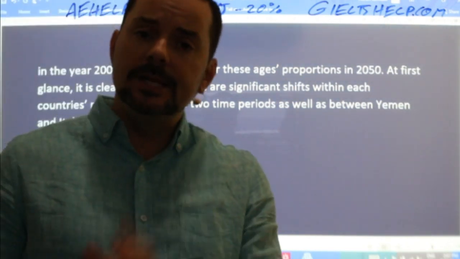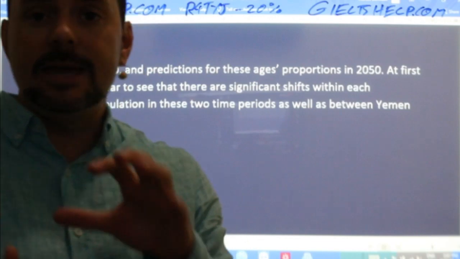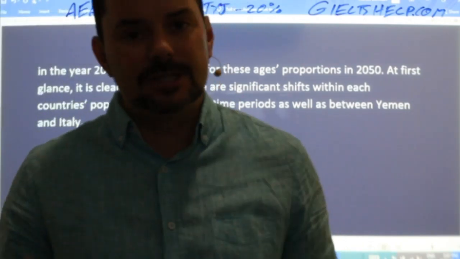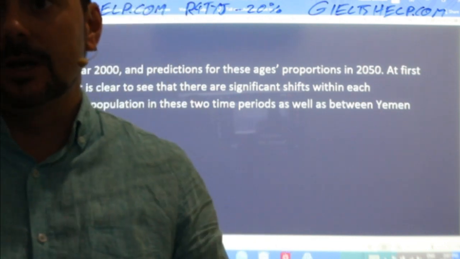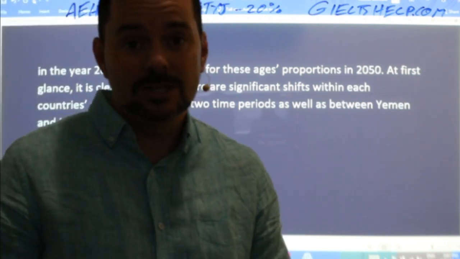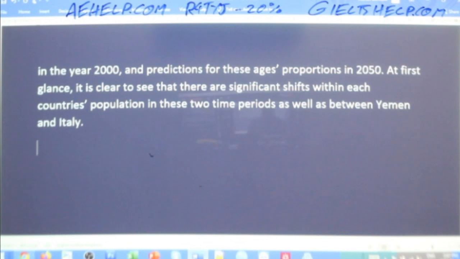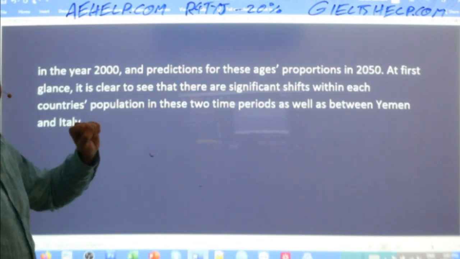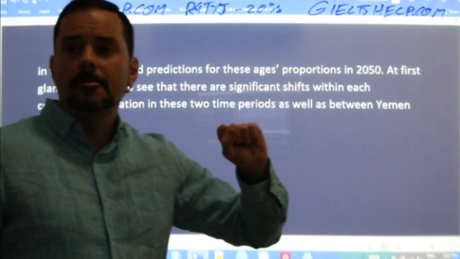Now, another reason, students, that you really want your main feature to be accurate, because your main feature is kind of like your thesis in many ways. Okay, I should say it is your thesis. So based on my overview, what am I going to write in my body paragraphs now? What do you think, members?